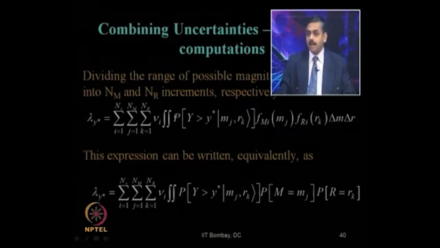Then V of i integrate of this entire thing delta m delta r, which gives us, for a given value of m equals mj, because this is ranging over j, and r equals rk, because this is ranging over k, this probability individually we have to find out. That will give us the final value of this lambda y, which we are interested in.